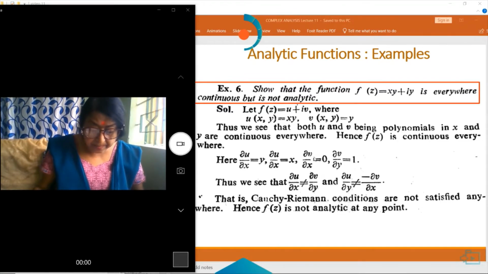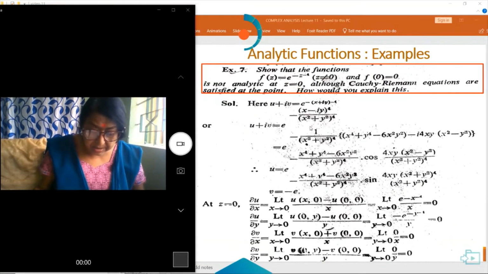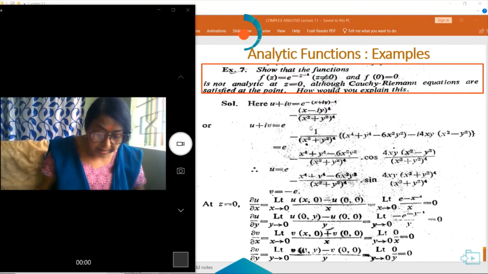Next example. Show that the function f(z) given, with f(0) given, is not analytic at z equal to 0, although the Cauchy-Riemann equations are satisfied at the point.